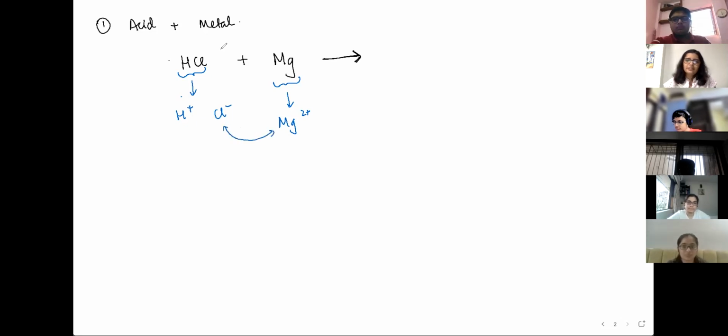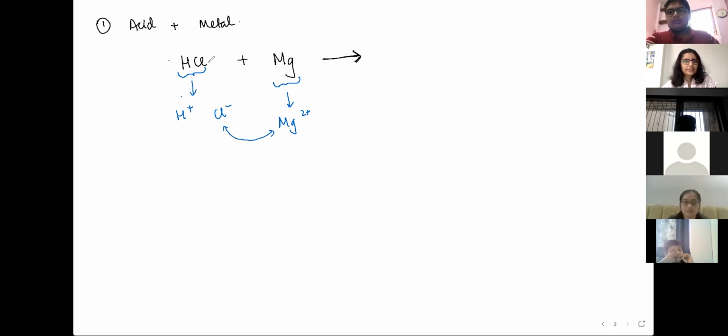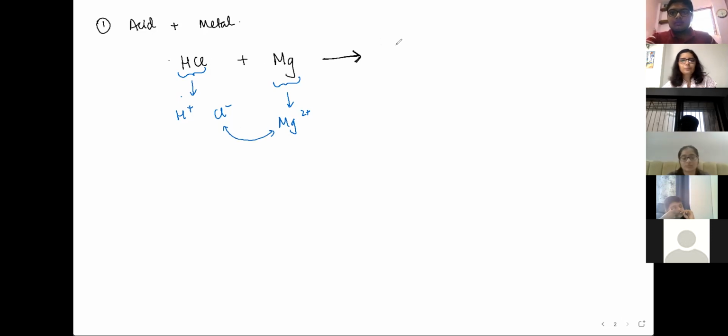And if magnesium and chlorine had to form a compound, what will the formula of the compound be, Anirban? So you have Mg and you have Cl. इन दोनों के साथ compound form करना है. MgCl2 plus H2. Very nice.